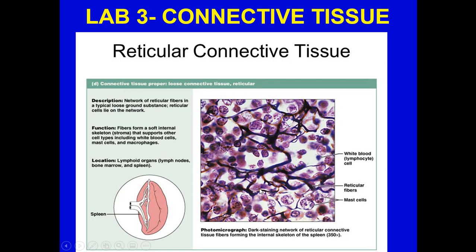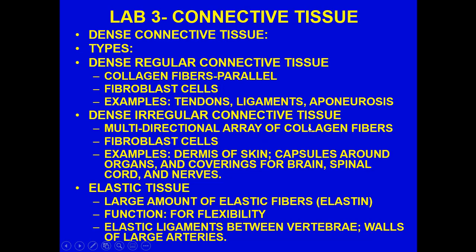The rest of this is occupied by mast cells, lymphocytes, etc. Because this is a storage organ that also contains a large number of white blood cells, immune cells, and guess what? You're going to find some red blood cells over here too, because the spleen processes old red blood cells and destroys them. Okay? Now, we move from here to dense connective tissue.